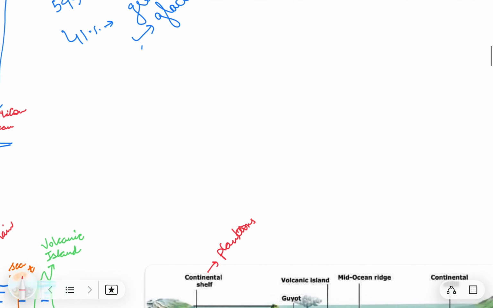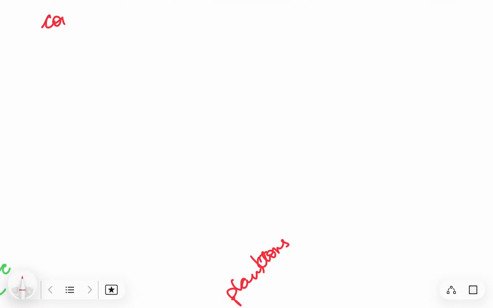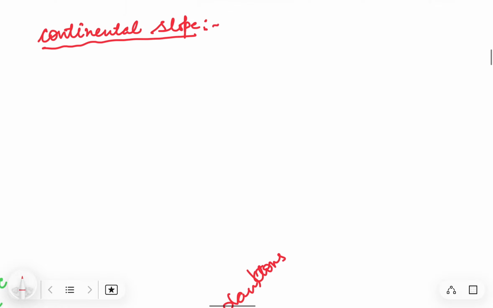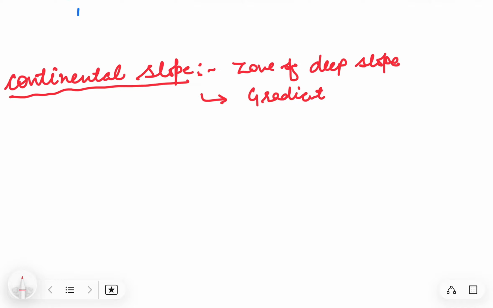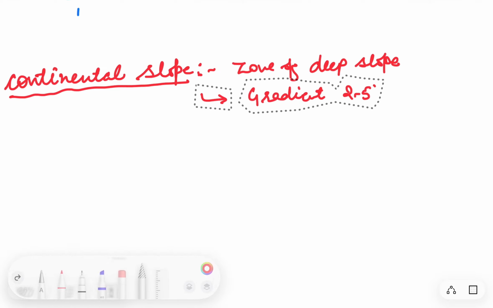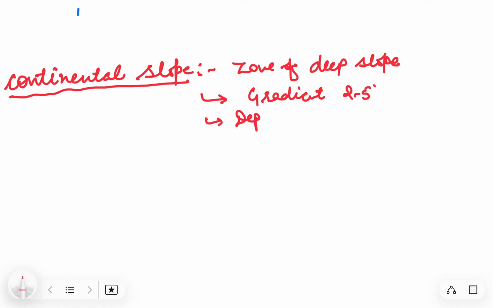So we can define the continental slope. The continental slope is the zone of deep slope having the gradient 2 to 5 degrees, and its depth varying from 200 meters to 3000 meters.